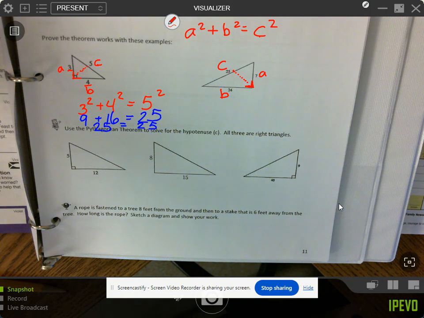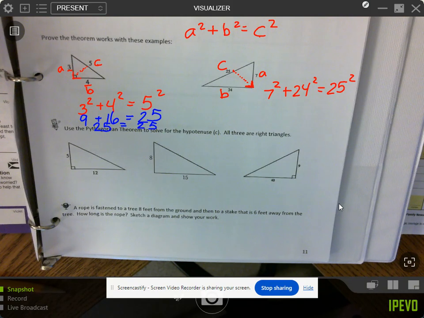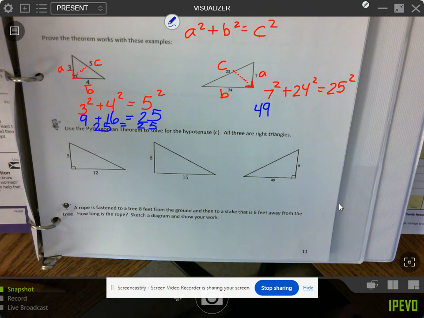So now I'm going to put it into my equation, my theorem. A squared, so 7 squared, plus B squared, 24 squared, equals C squared, 25 squared. So let's do the math and see if it works. What is 7 squared? 49. 7 times 7 is 49.